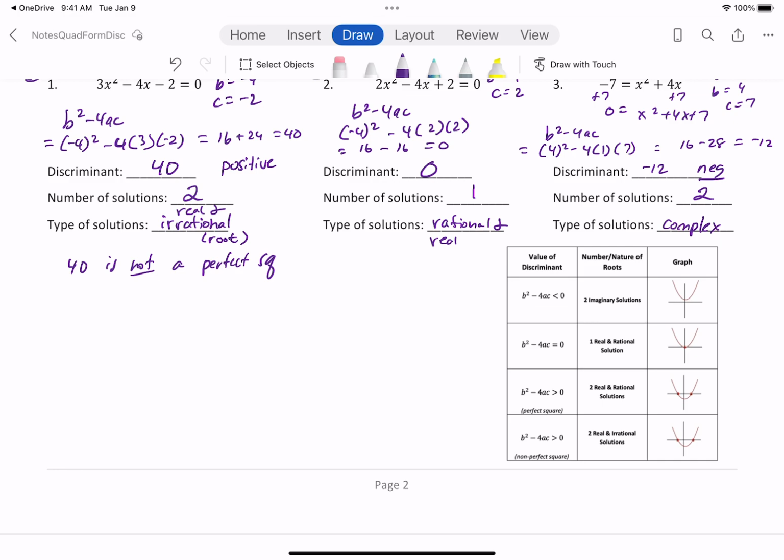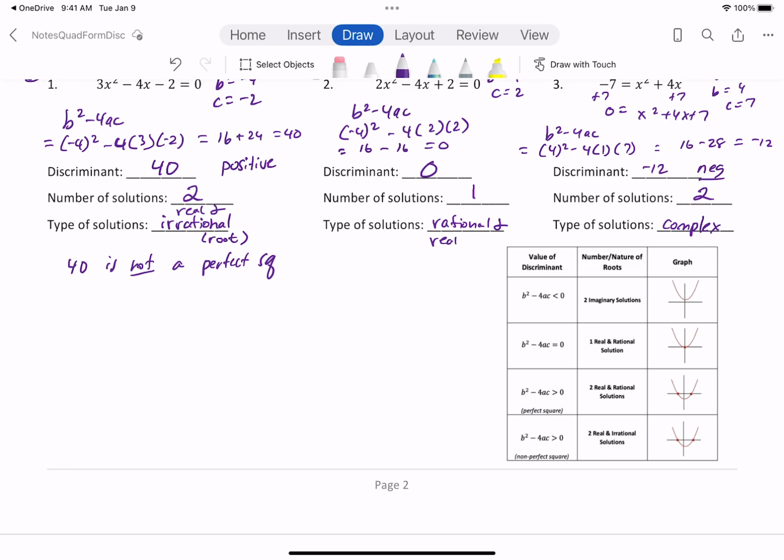So if you look at this little table here, this is just an illustration to show you what's happening. When we're using the quadratic formula, what we're really doing, this is a quadratic function, so it's a parabola, we're finding what's called the zeros of the function. And the zeros are where that parabola would cross your x-axis.